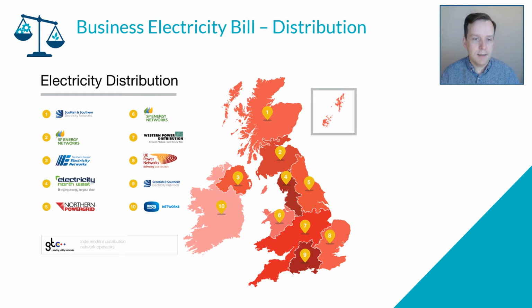So you get the idea. These are all private companies regulated by Ofgem, and over the years at least 16 companies have been bought and sold by their neighbours to consolidate, and ultimately we're left now with these half a dozen within England.